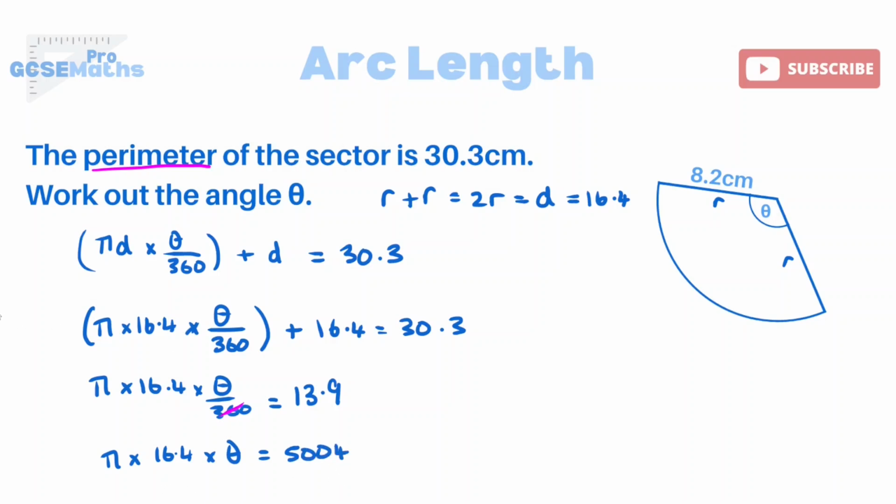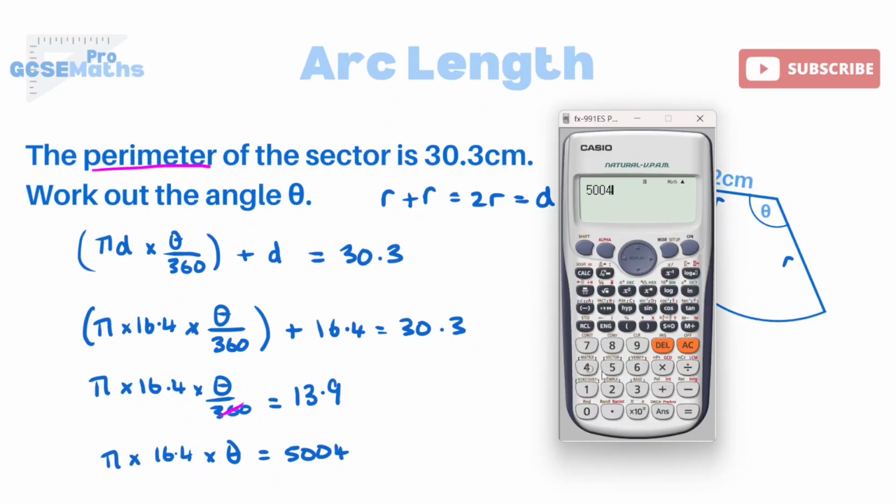Now you might do this next bit in 2 steps. You might divide by pi and then divide by 16.4. That's fine, or whichever way round. However, because these two are multiplied together, I can just divide by both of them at the same time. So I'm going to take my 5004, divide it by, and I'll just put a little bracket, pi times 16.4.